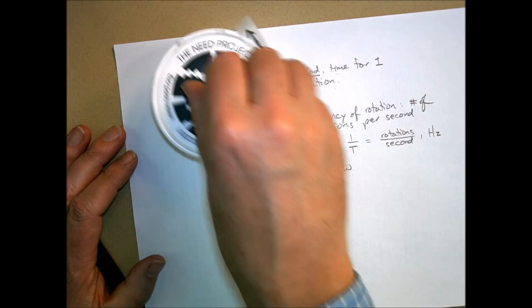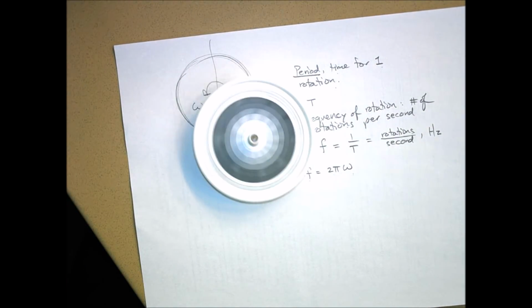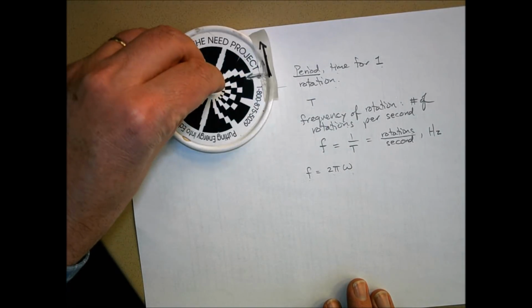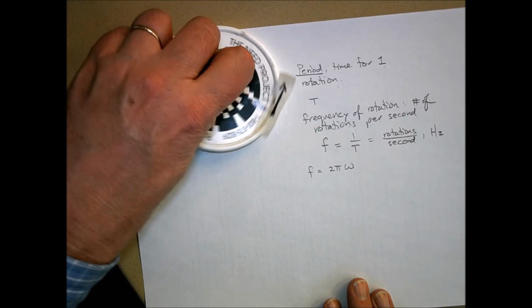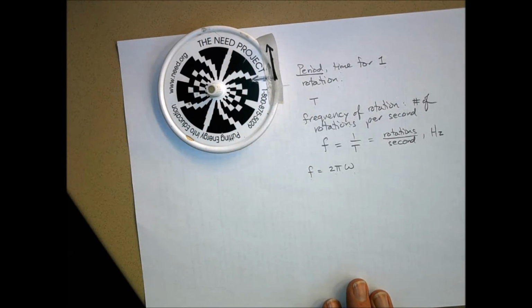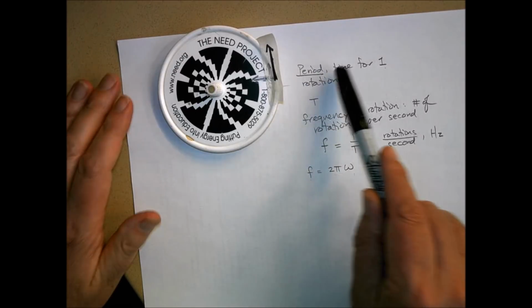If I've got an object that's spinning around, the time it takes to go around once, we have a name for that. It's called the period. The period of rotation. So the period is the time for one rotation.